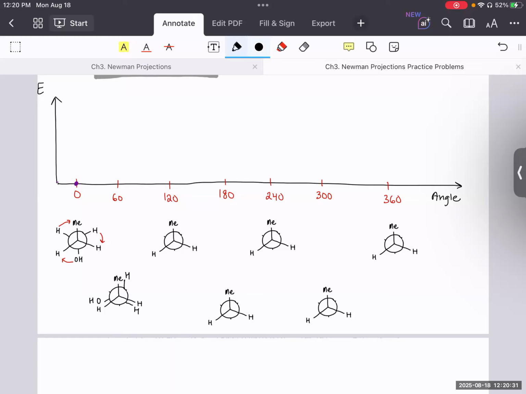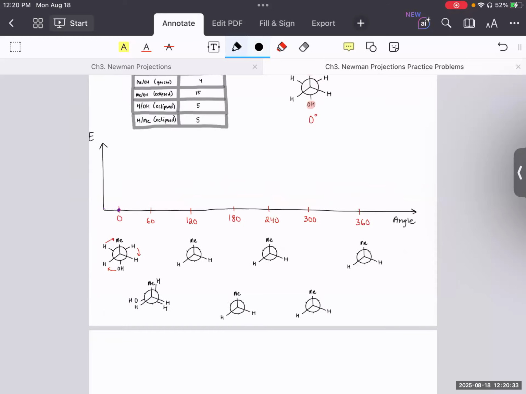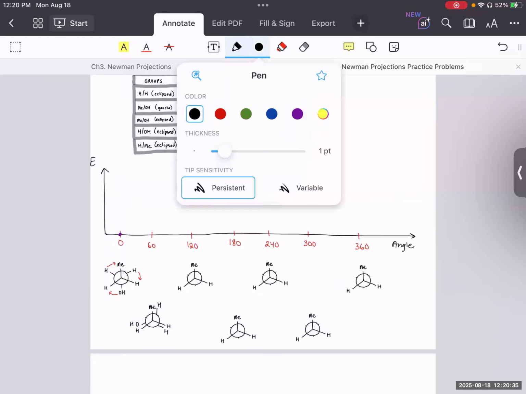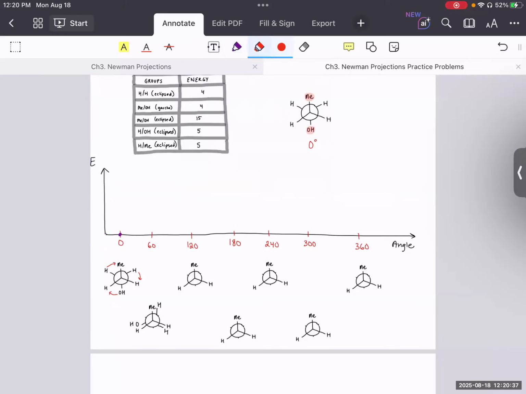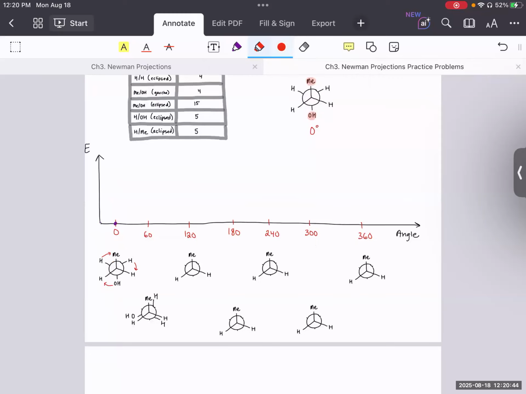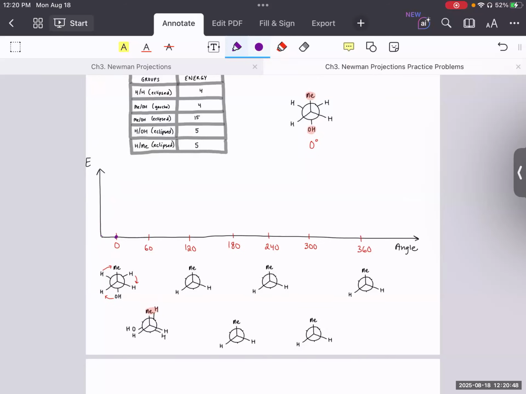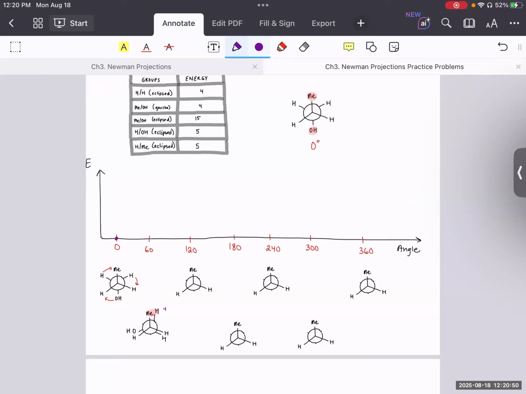Now we have to calculate the energies that correspond to that state based off of that table. Here we can see that we have several groups eclipsing. We have this methyl and this hydrogen, and based off of the chart, that's +5. Then we have a hydrogen and hydrogen eclipsing, so that's +4.